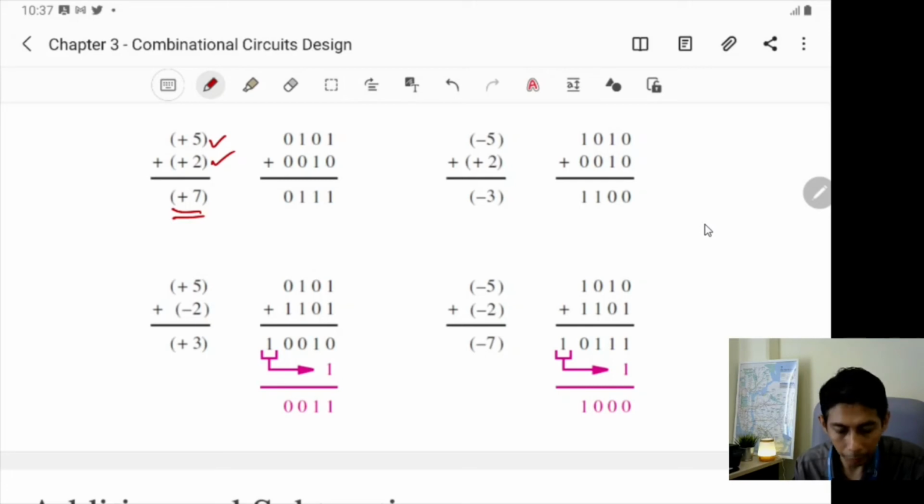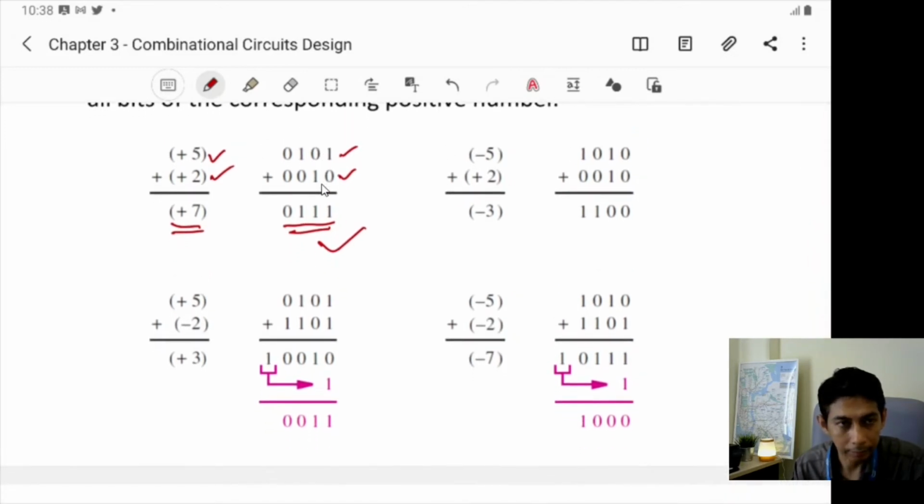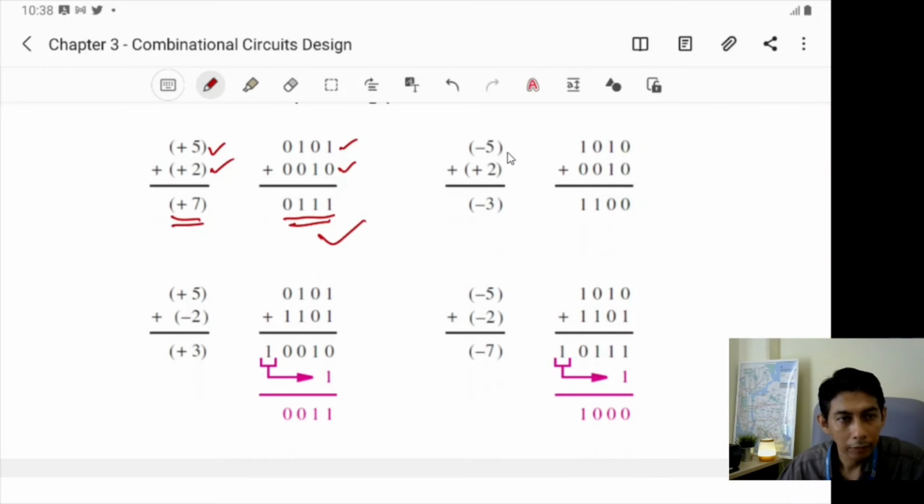In binary 4-bit, this is number 5, and this is number 2, and of course, when we add, we have 7, and the sign is positive, which is correct. Yes, correct. Now, look at the second case. We have -5, and again, this is -5 in first complement representation.